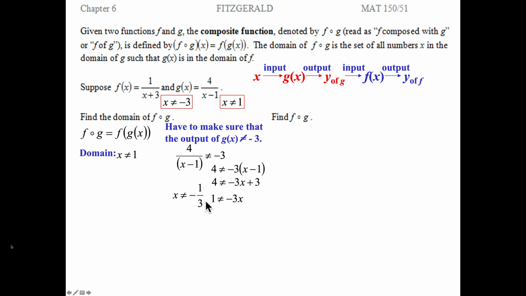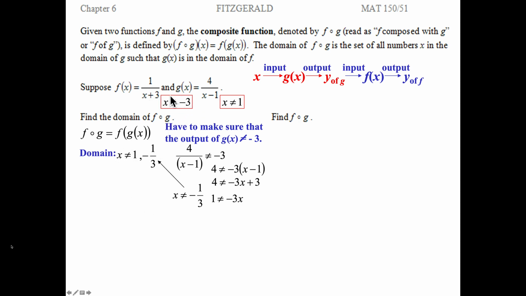So what that's telling me is that not only can't x be equal to 1, because that will make the g function undefined, but x can't be equal to negative 1/3, because if I put negative 1/3 into the g function, that's going to create a number, negative 3, that's going to make this f function undefined. So I have two domain restrictions.